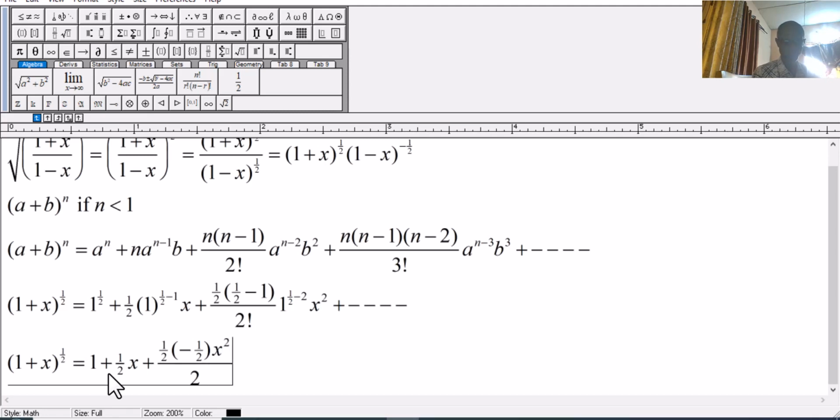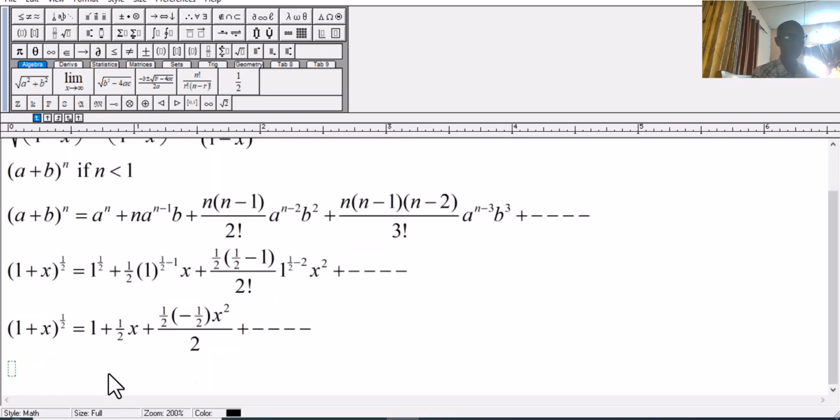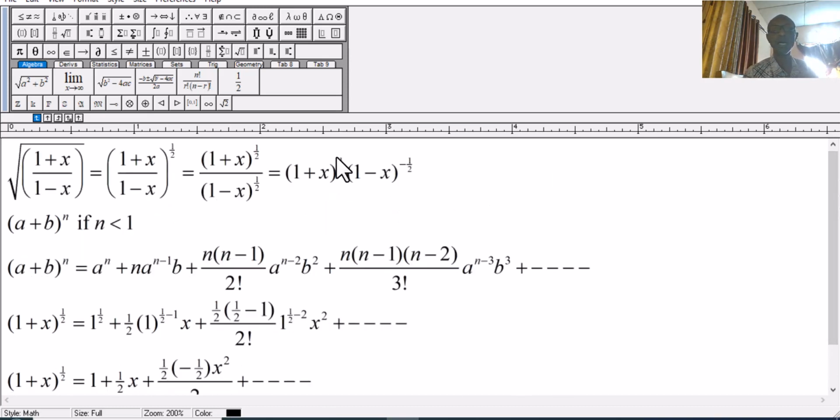So plus dashes. So you have 1 plus 1 over 2 x. If you open that bracket up, it will give you minus 1 over 8 x squared. So you have this for this term. That's the first part that we have dealt with. So we need to go back and pick the second one and also expand it.